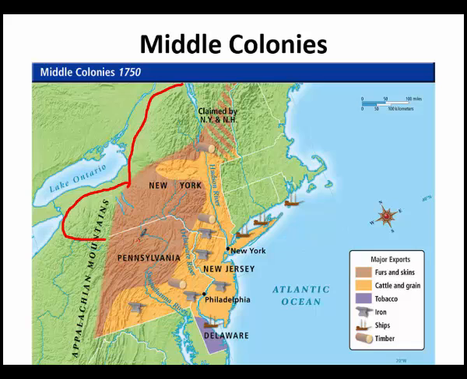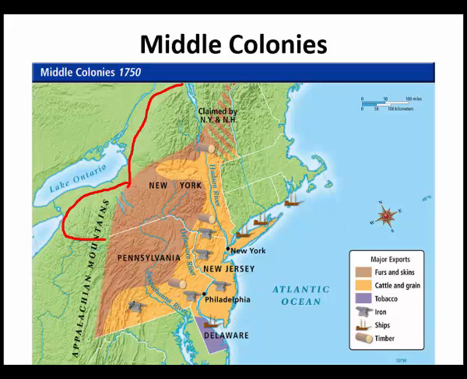This was a very, very popular trade. You can see along the coast here where ships are being built, not only up here in Boston, but also here in New York, Philadelphia, which the Delaware River flows out into the Atlantic Ocean, and so that's where this ship would come into play.